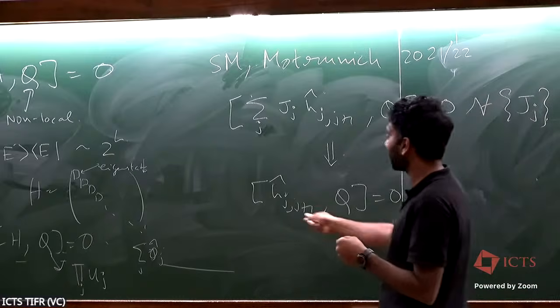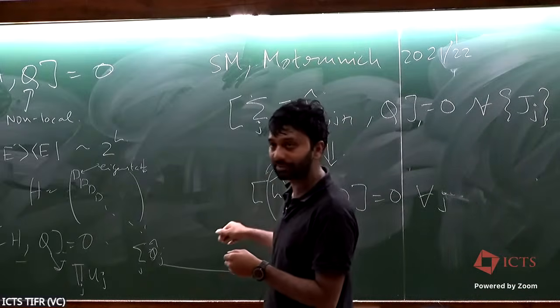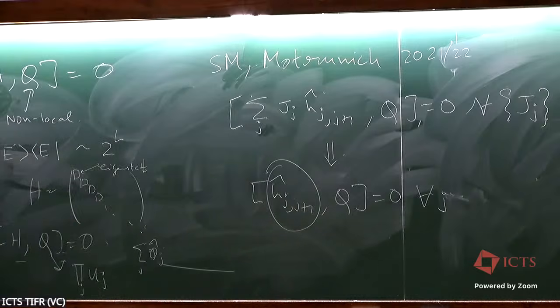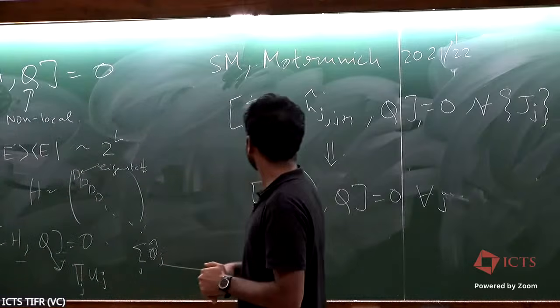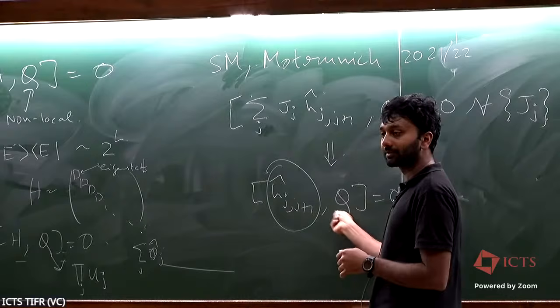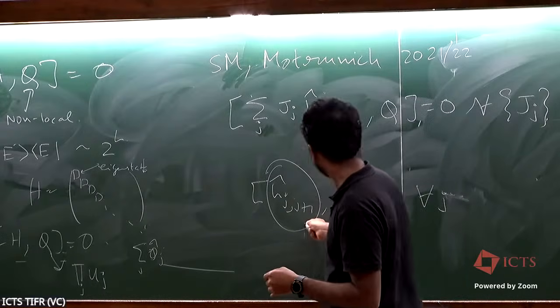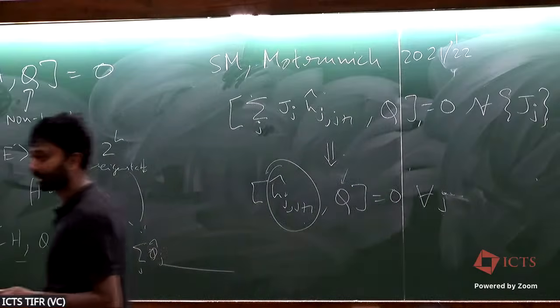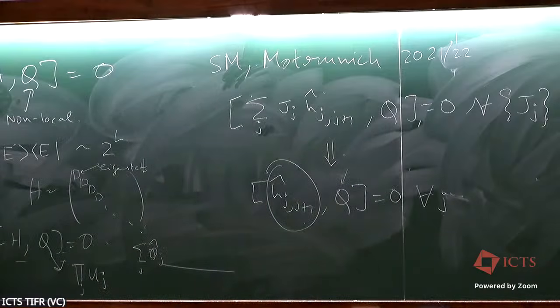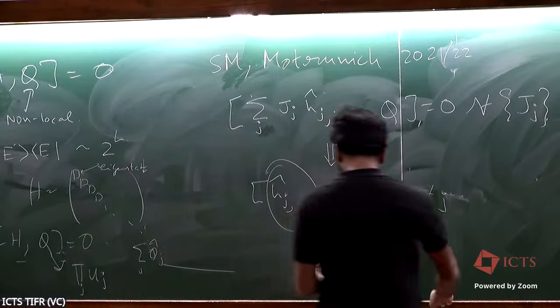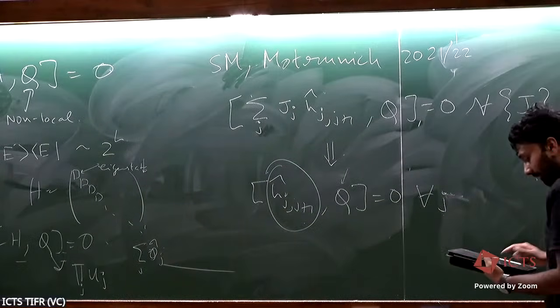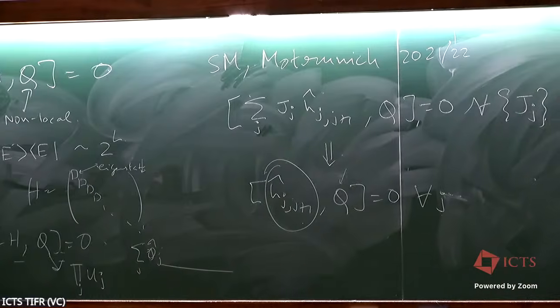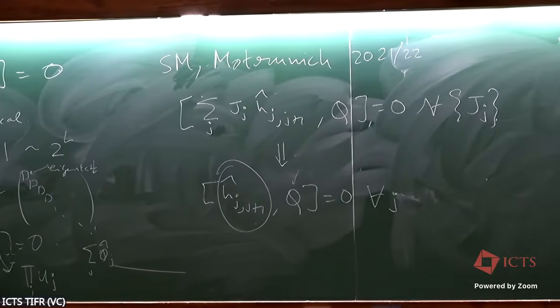I just give you a set of terms, which in the case of dipole would be these range 3 terms, and then I solve for operators which commute with each of these terms. And then these are the symmetries. Now it turns out that you can get more general symmetries than what you can dream of.